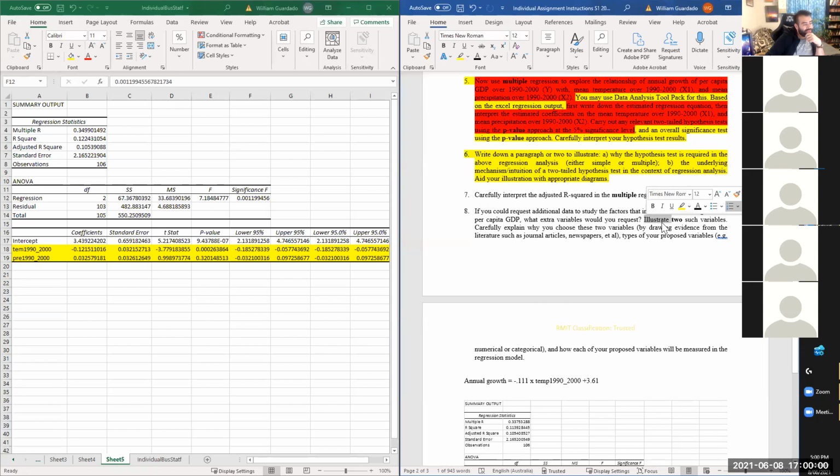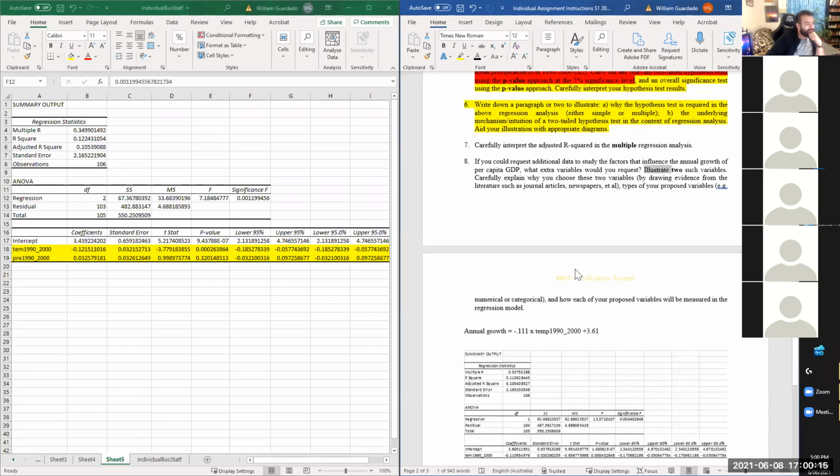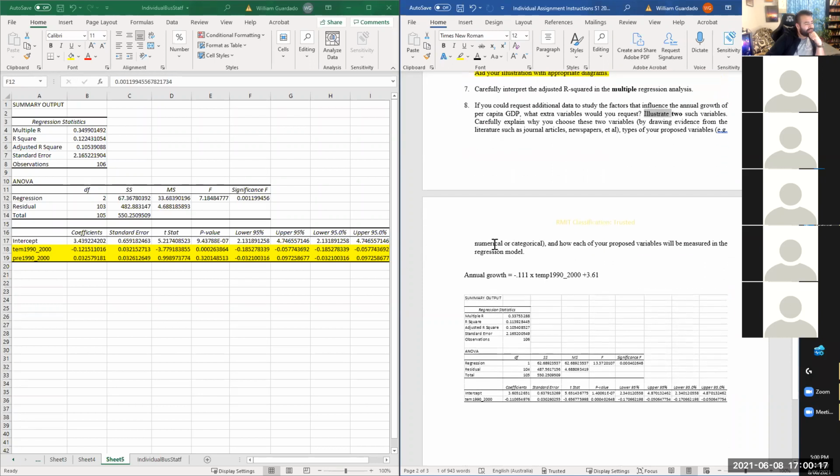And when it says illustrate again, the wording in this is really stupid. You don't have to draw anything. I think a lot of people get confused with this assignment when they see illustrate. And I suggest you stick with numerical stuff. Don't go into categorical stuff like the proportion of males to females.